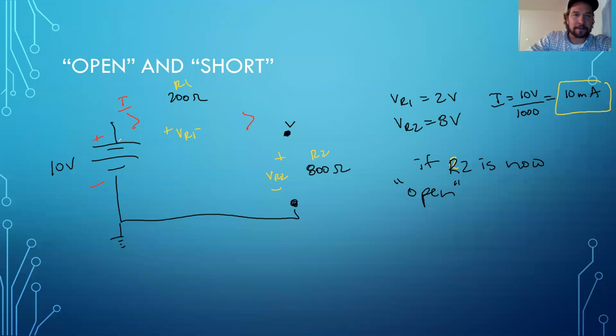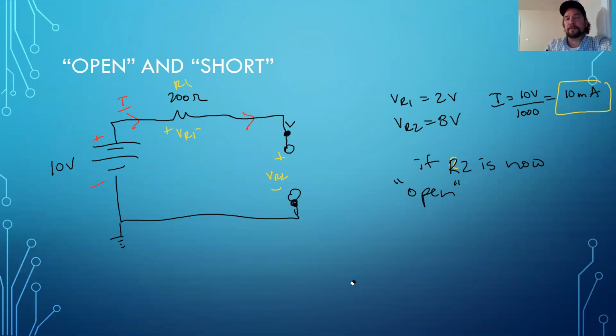That's okay. I'll just redraw up to R2. There we go. Okay. So now we have an open here. And R2 essentially no longer exists. All right. So right away, we see that I equals 0 amps. No path for current to pass.